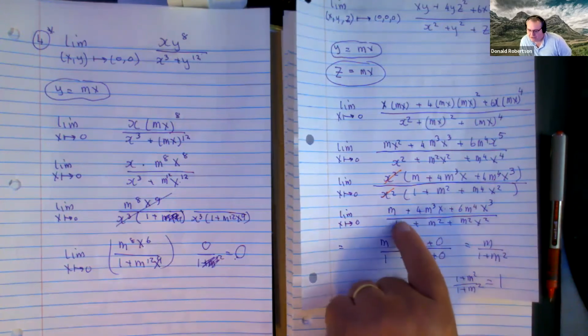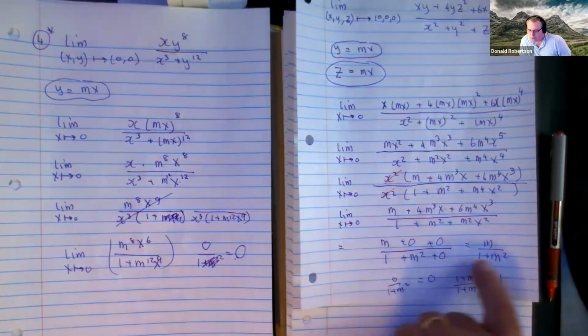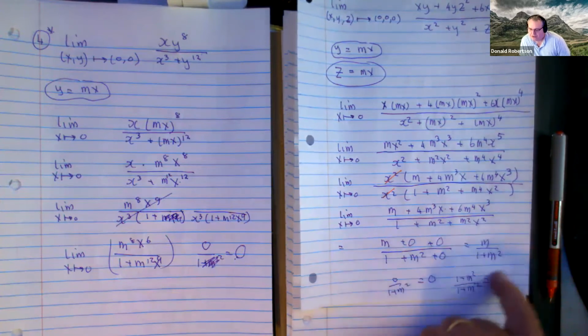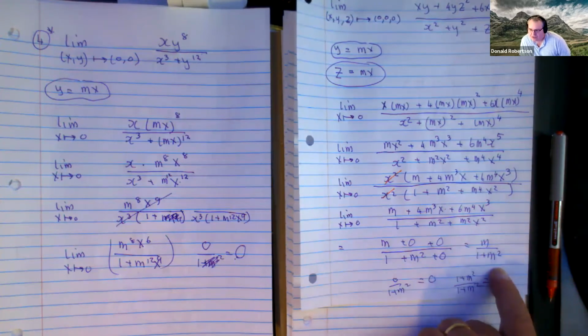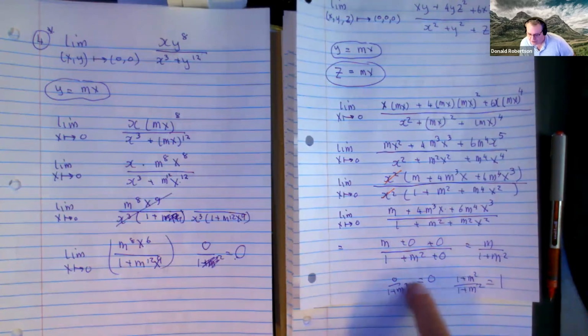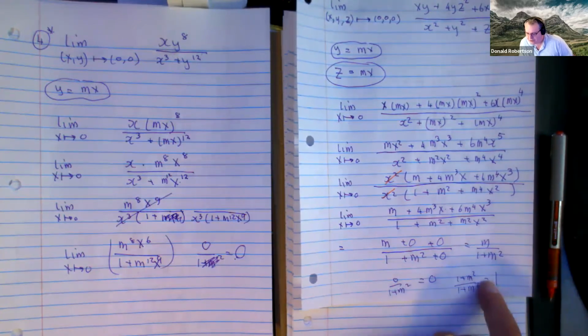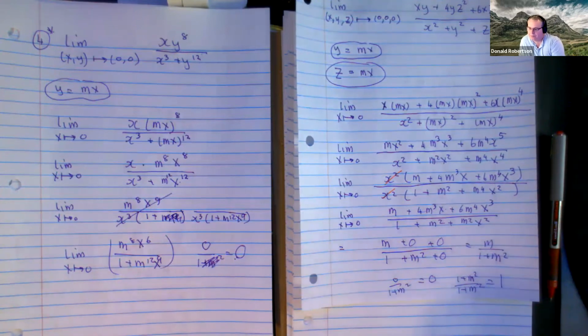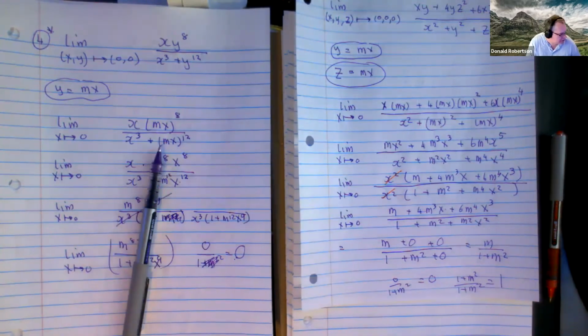So once you make x 0, whatever you've got will decide your result. This is as good as it's going to get. This contains m's. The answer does not exist. This situation got you 0. This situation got you 1, right? Are we good with that? We move on.